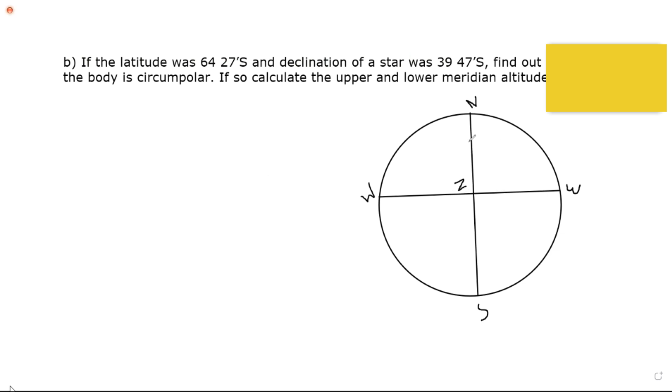Okay, 64 27. तो मतलब Z, Q, तो Q इधर आ गया, this will be Q, and it is south. ये आ गया. Direction 39 47, तो यहाँ आ गया 39 47. Oh, ये आ गया X.